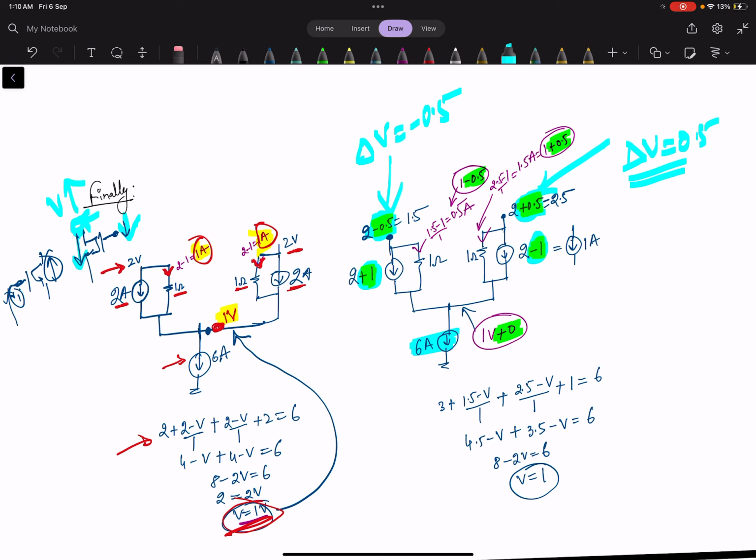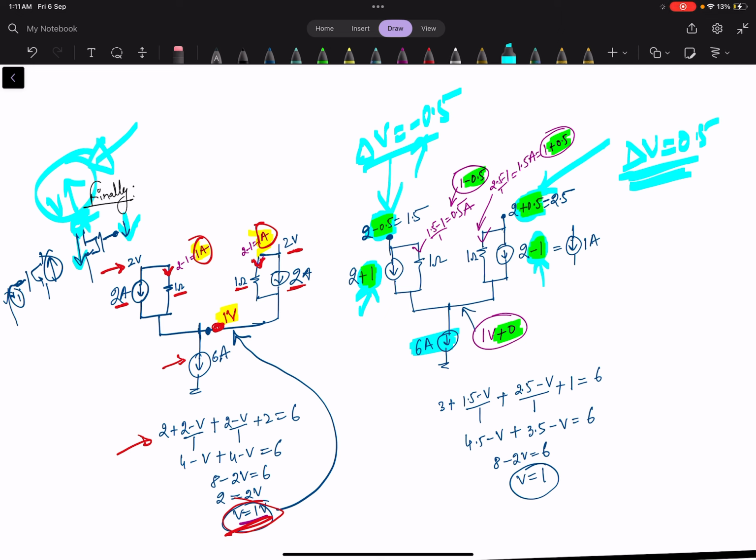We will see all this concept in another video, but for now, delta V here is 0.5, minus 0.5 there. So current increased by 1 ampere, current decreased by 1 ampere, voltage decreased by 0.5, voltage increased by 0.5.